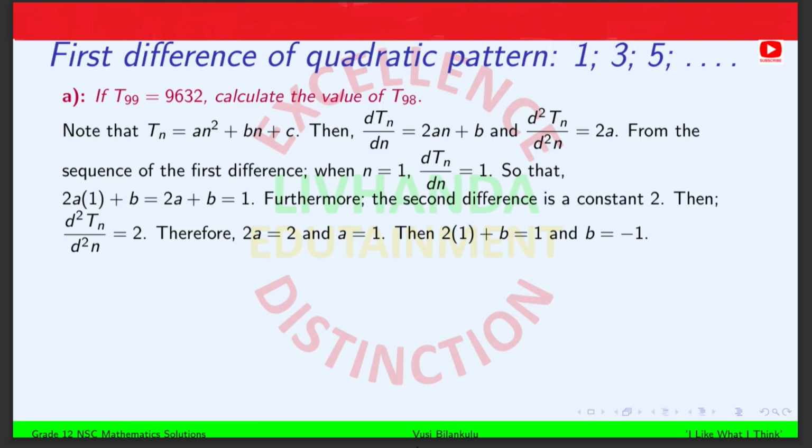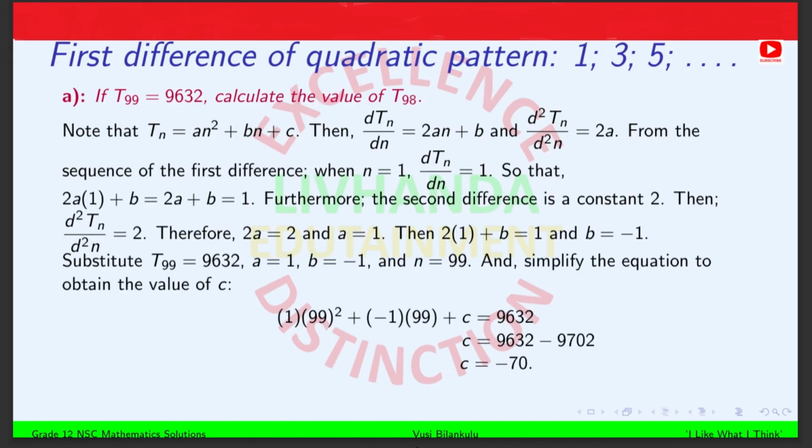Therefore, 2a plus b equals 1. Furthermore, note that the second derivative always equals the second difference. Also, the second difference from the given sequence equals a constant 2. Therefore, a simply equals 1, and b simply equals -1.